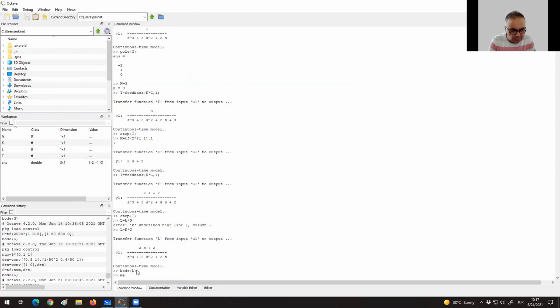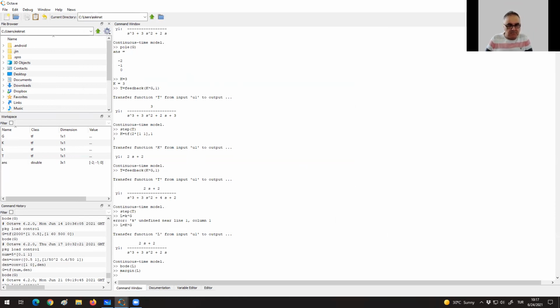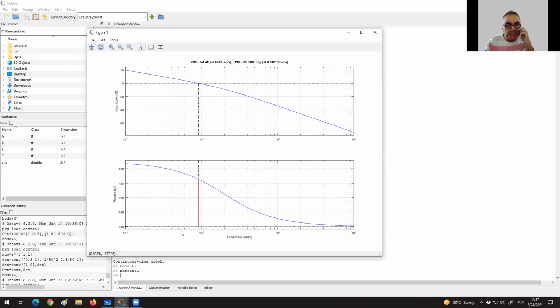I think if you want to find the phase and gain margins, you can use the command margin. It plots it at least here. The gain margin, it says, is infinite, and the phase margin is 65.5 degrees.